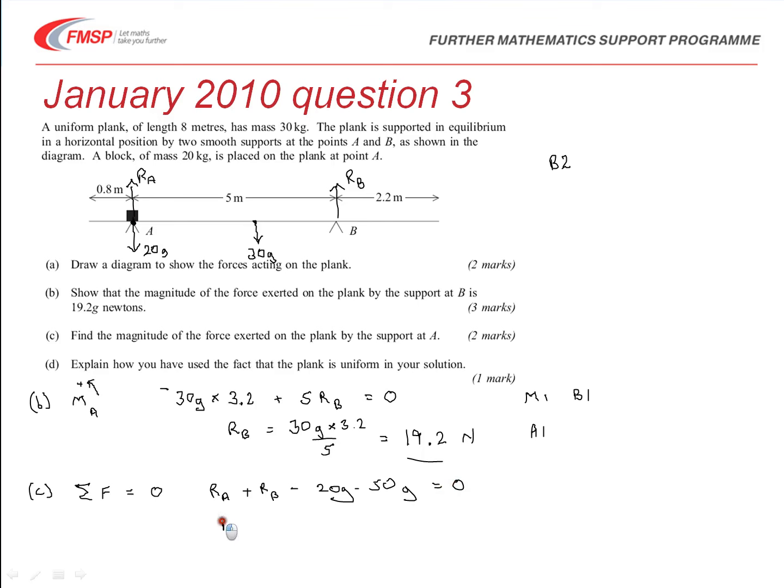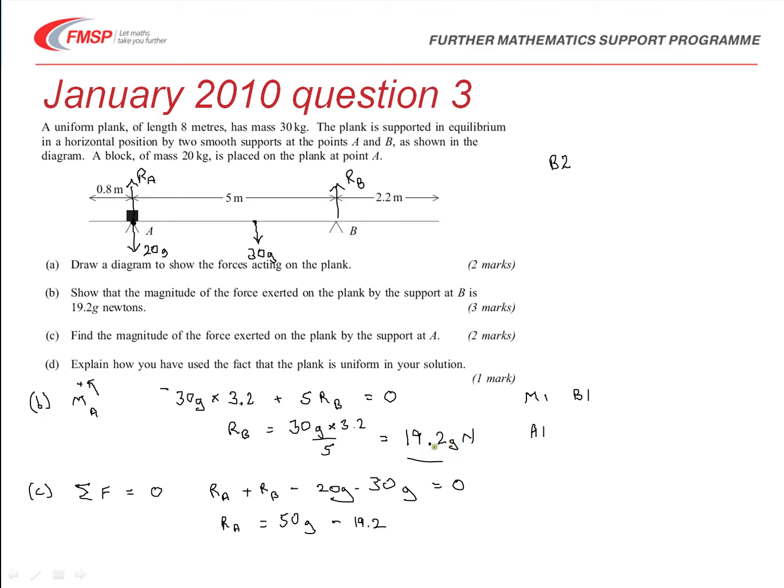And so RA must be equal to the 50g, that's the 20 and the 30, taken over to the other side, and then we've got the RB's 19.2, so we need to take away 19.2. My apologies, I missed out the g when I wrote that answer down there.